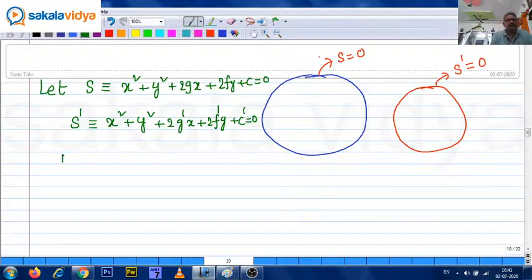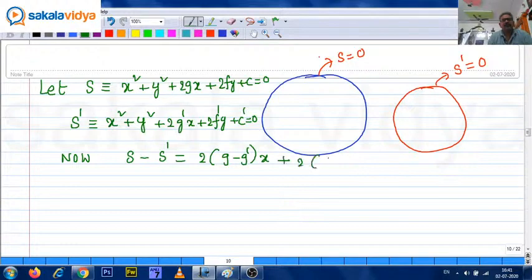Now find S minus S dash. What do you get now? S minus S dash, x square cancels, y square cancels. You get 2 times g minus g dash of x plus 2 times f minus f dash of y plus c minus c dash equals 0. So equate to 0.